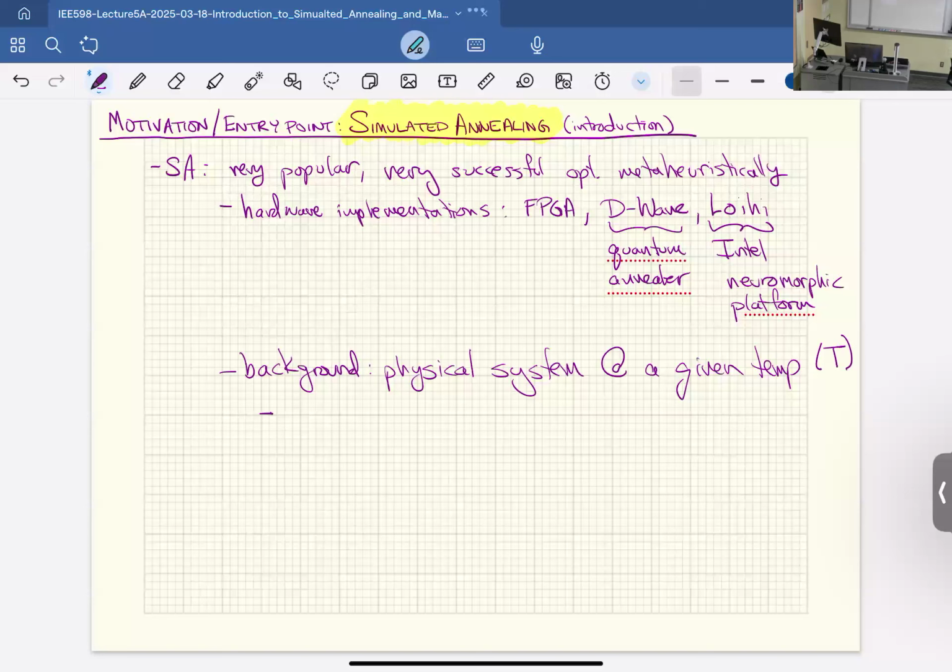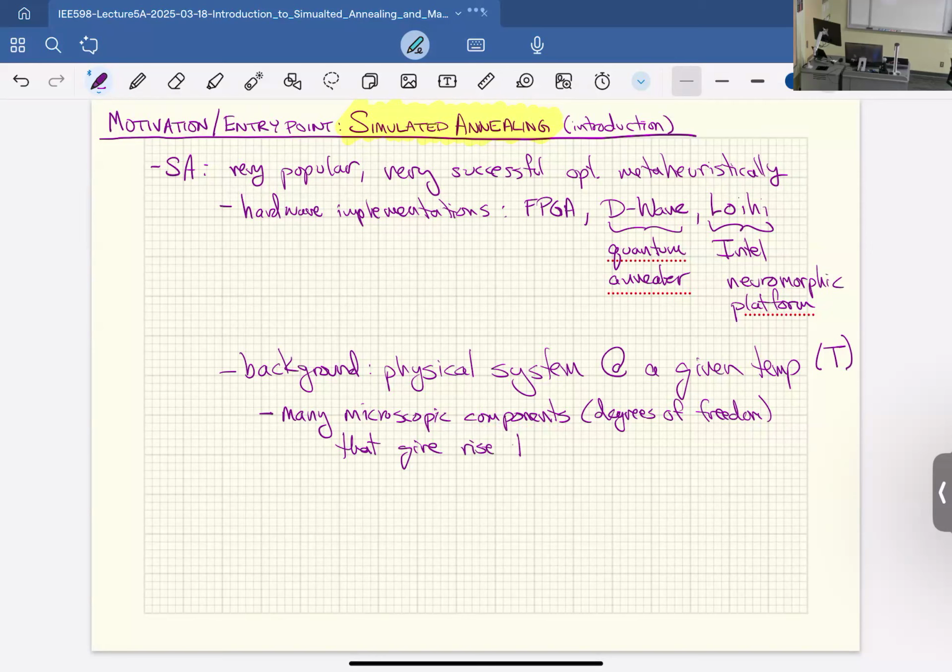So you have many microscopic components, or degrees of freedom, that give rise to many microstates.